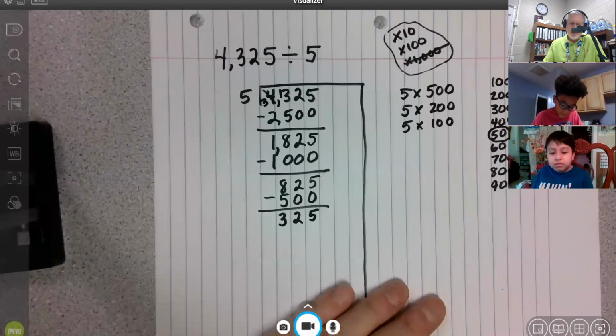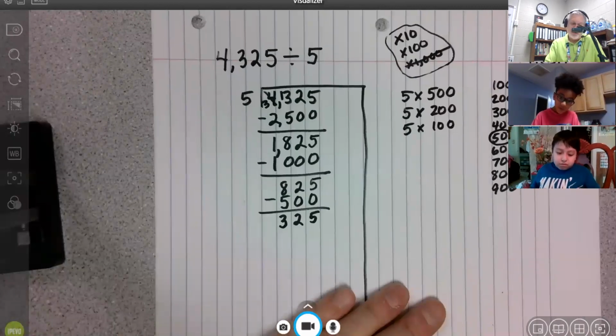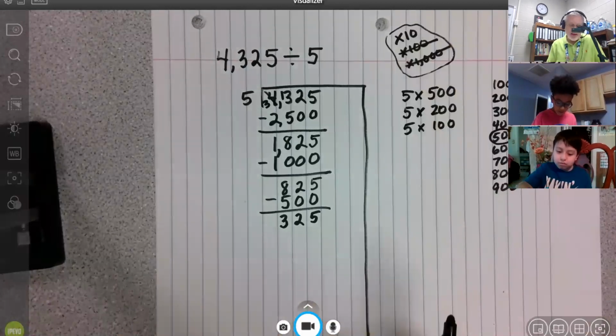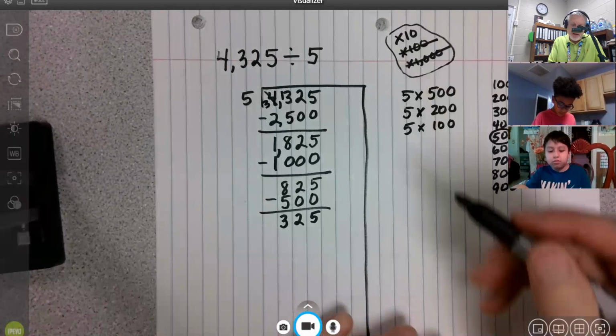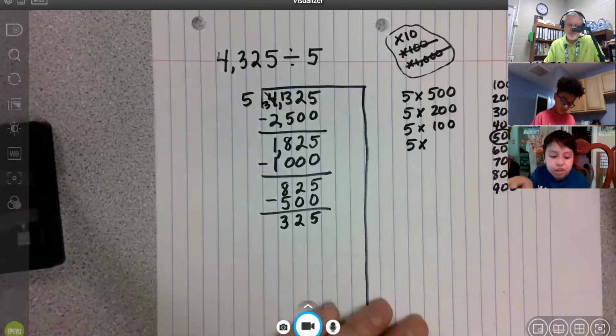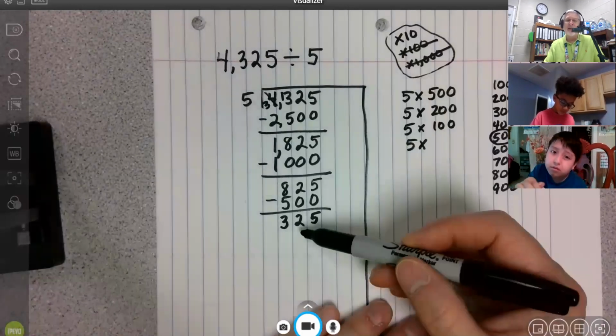Good. Can I do another group of 100? No. So now I'm into tens, trying to get multiples of 10. So 5 times 10 would be how much?